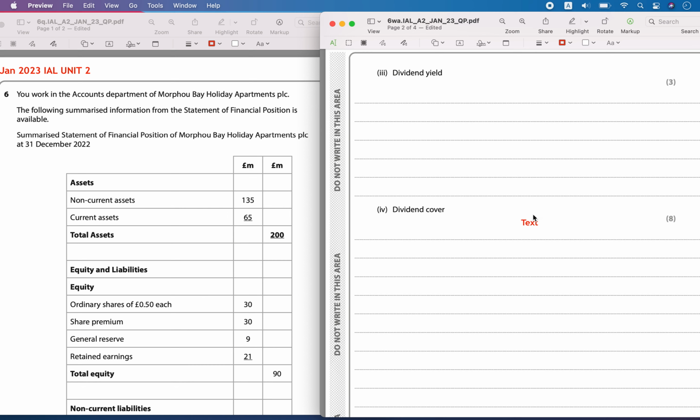The dividend yield is dividend per share divided by the market price of the share, times 100.